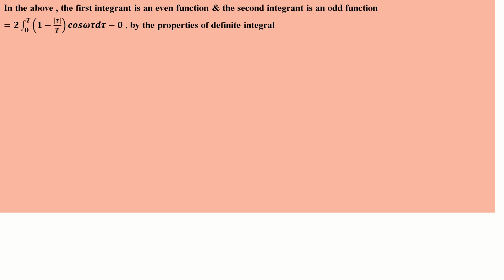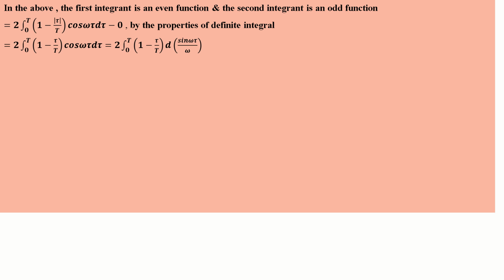Which is equal to 2 integral 0 to T of 1 minus tau by T cos omega tau d tau, because in the positive sector 0 to capital T, mod tau becomes tau. Which is equal to 2 integral 0 to T of 1 minus tau by T times the derivative of sin omega tau by omega. So we are integrating using the uv formula: integral u dv is equal to uv minus integral v du. U is equal to 1 minus tau by T, and v is equal to sin omega tau by omega.